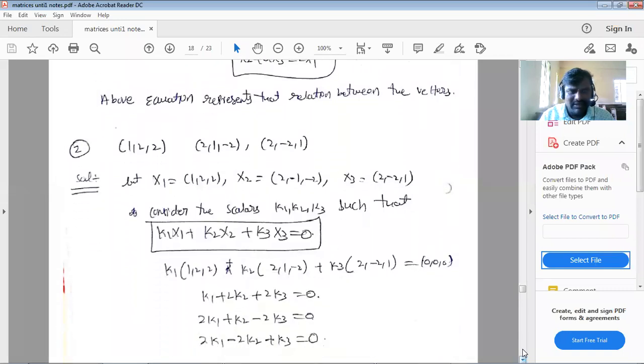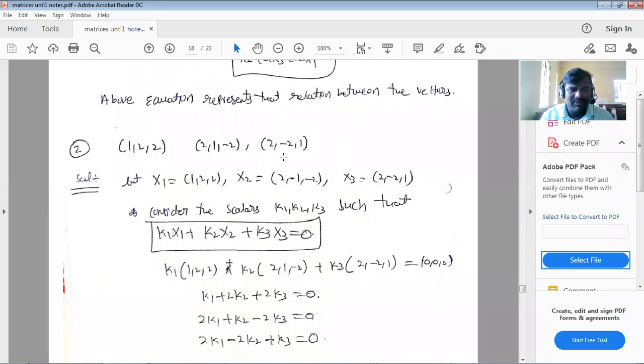Now the vectors are given: 1, 2, 2; 2, 1, minus 2; and 2, minus 2, 1. Now we have to check using the above definition only. Don't apply any dependent and independent shortcuts. If the marks given are less, say 2 marks or 1 mark question, you can apply the shortcut method.